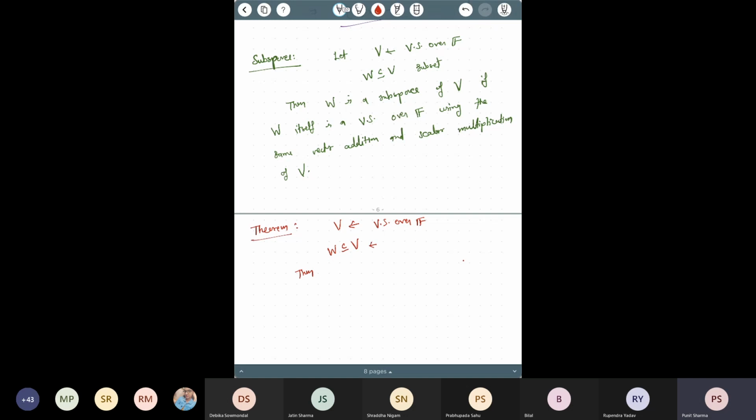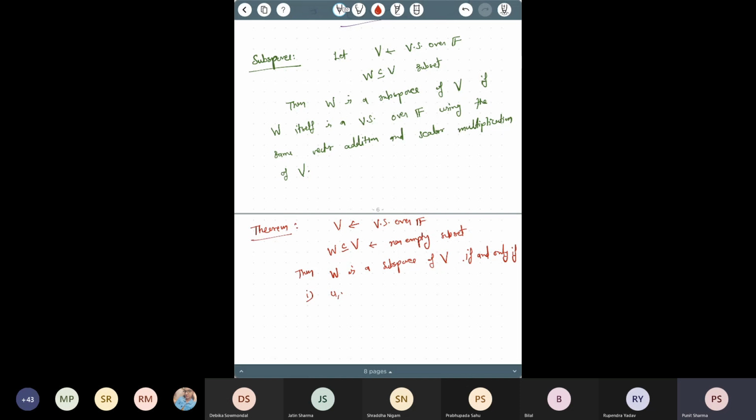Now I want to find a necessary and sufficient condition. So suppose that this is a non-empty subset, otherwise it won't make any sense. In the definition I don't have to write this, but here I can clearly say it, because if it is empty then it won't be a subspace. If W is a non-empty subset of V, then W is a subspace of V if and only if these two conditions are satisfied.